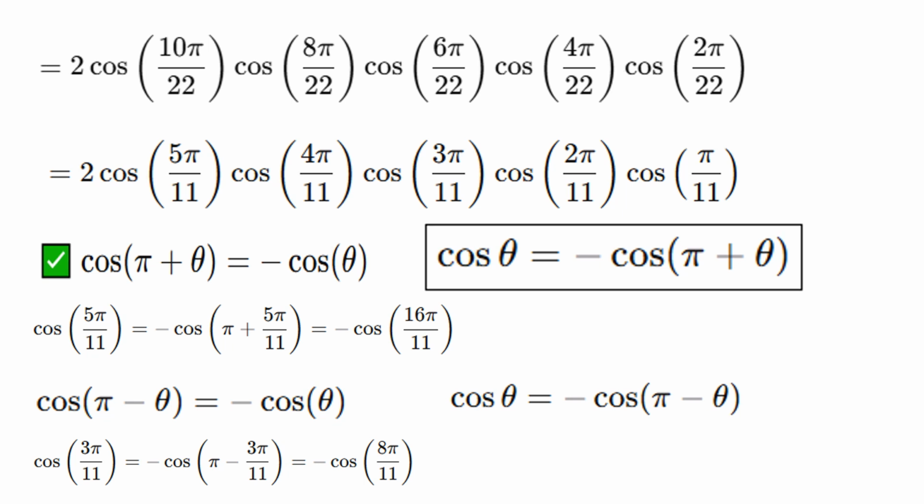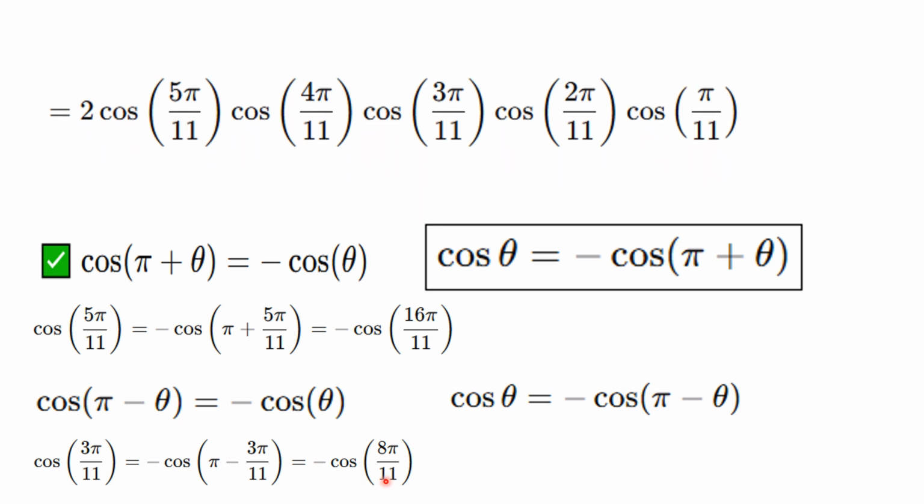Let us replace this cos 5 pi by 11 and cos 3 pi by 11 by minus cos of 16 pi by 11 and minus cos of 8 pi by 11.